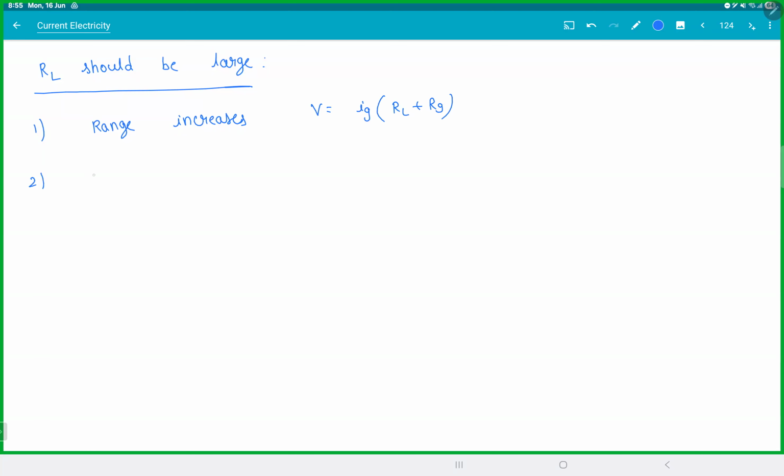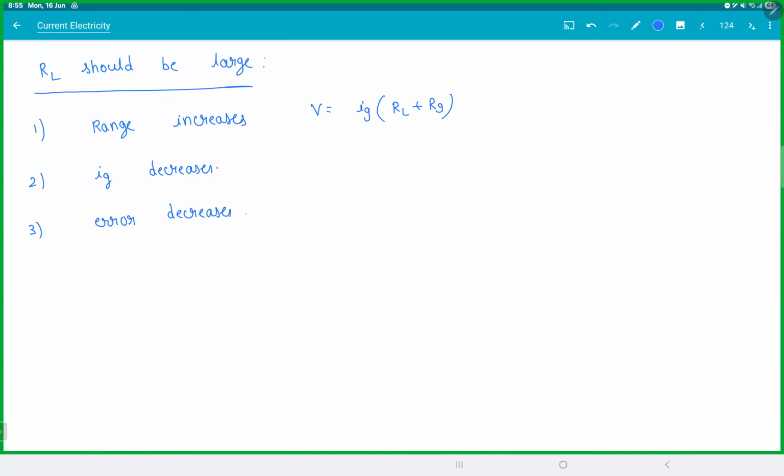Second, if you keep a large resistance in series, current decreases, so IG decreases. Third, error decreases. So whenever you take a galvanometer, you should make sure that RL is large. Clear with this? All clear with this? That's it.